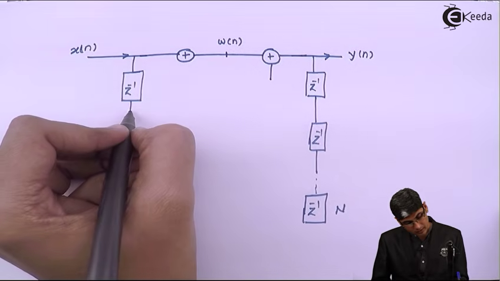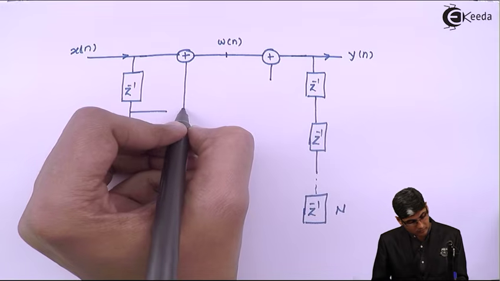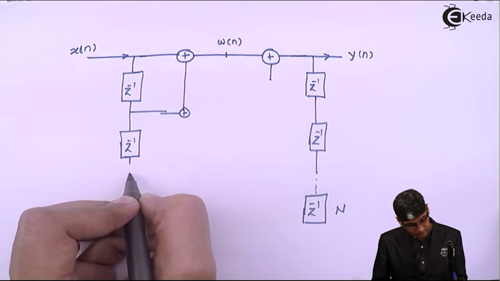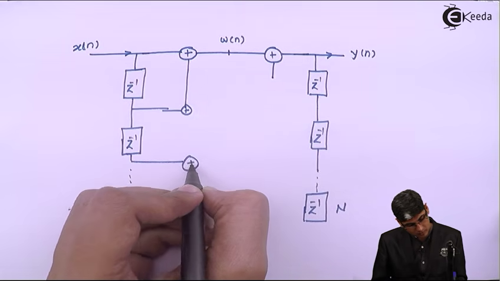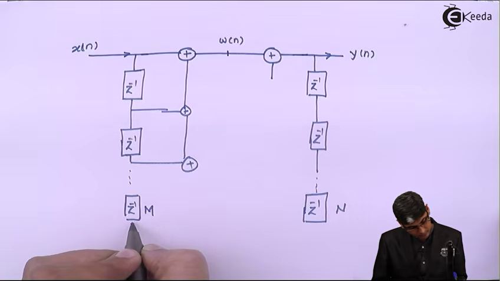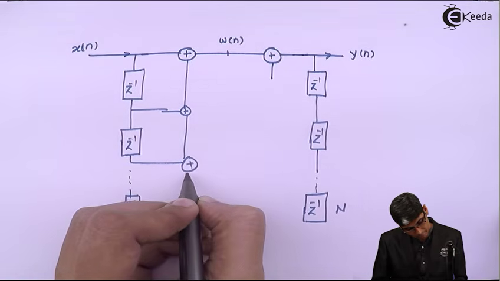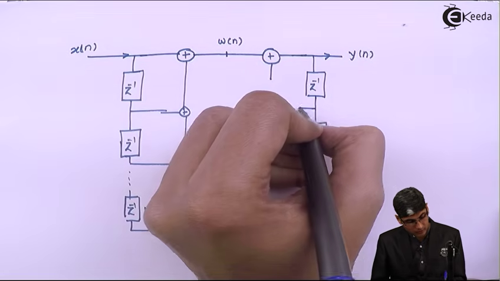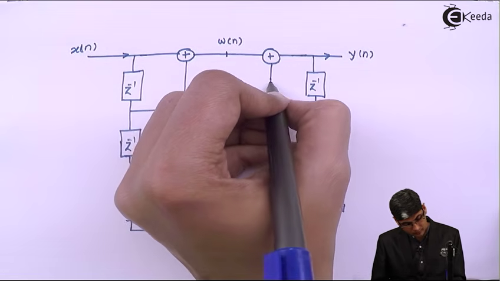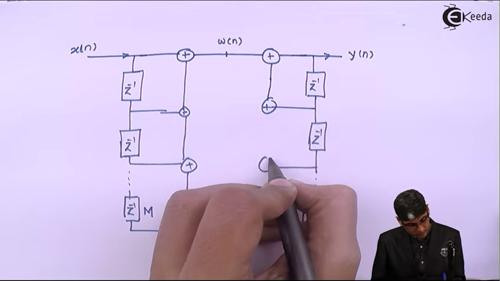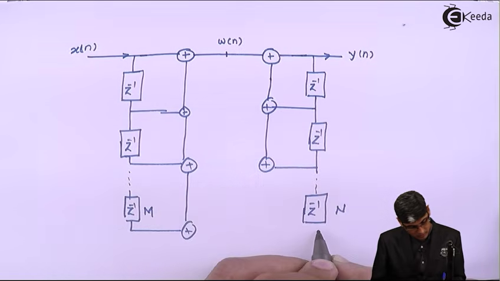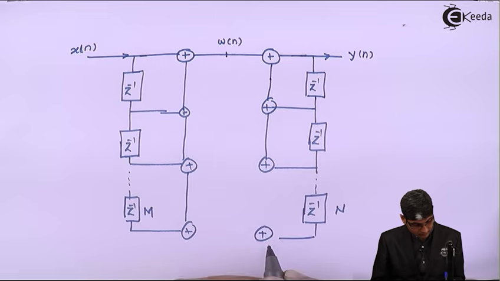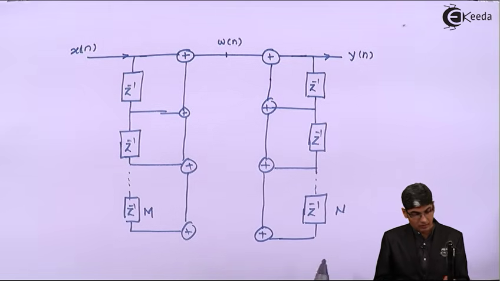Then I'm going to get an adder over here, an adder over here, and an adder over here. I'm going to get an adder over here, then an adder over here, and an adder over here. Right.